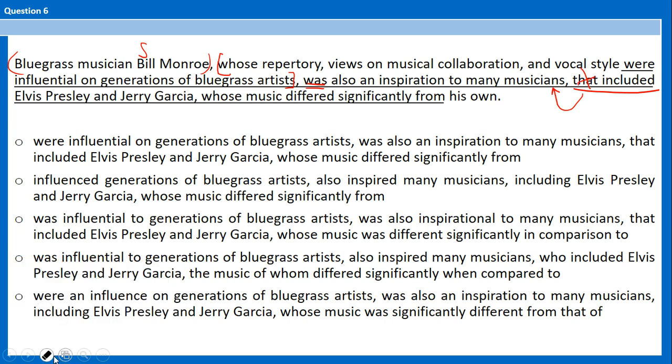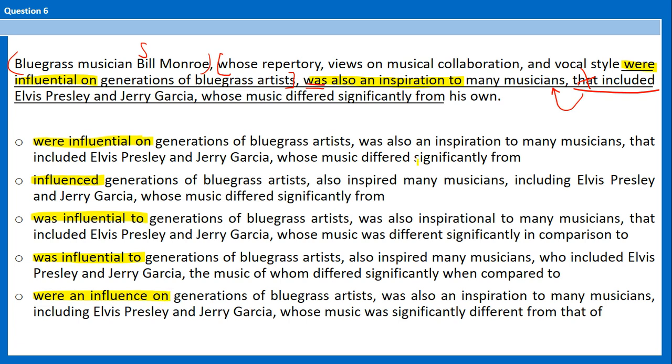Now this structure is also a bit wordy. It's wordy when it says "were influential on," and then "was also an inspiration to." We have other versions that are much simpler: influenced, was influential to, were an influence on.